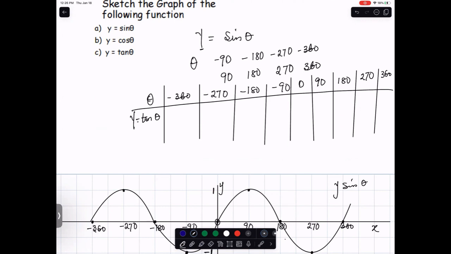So the first we have there is y is tan negative 360, which we have 0. And next on that we have tan negative 270.